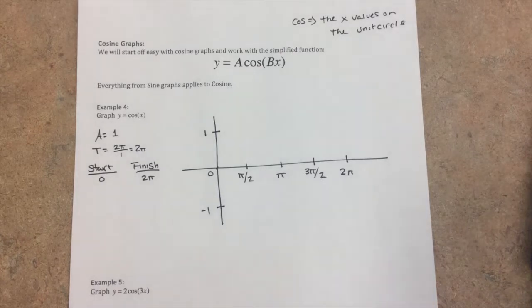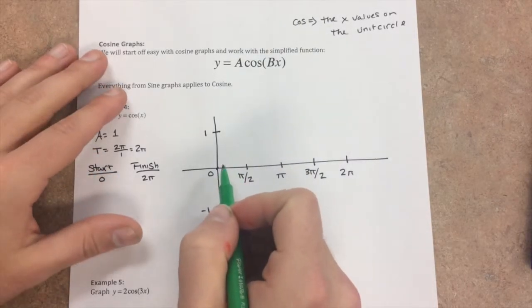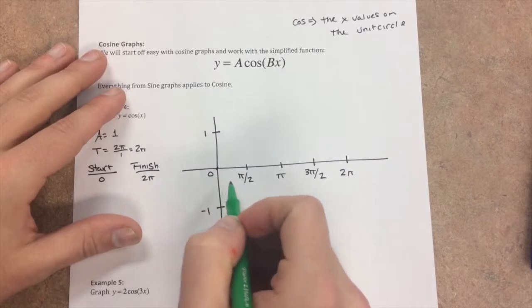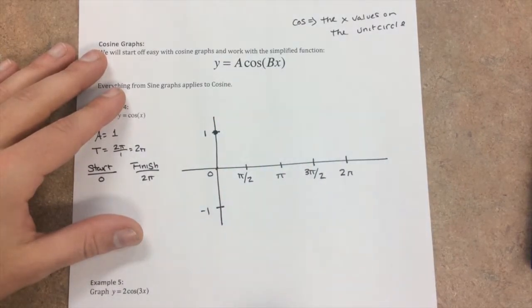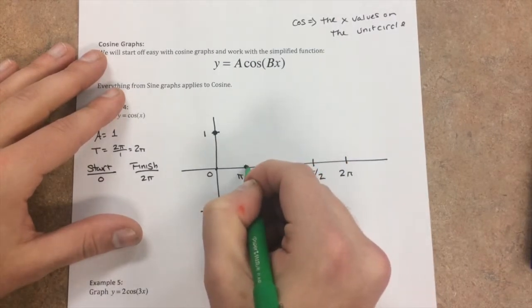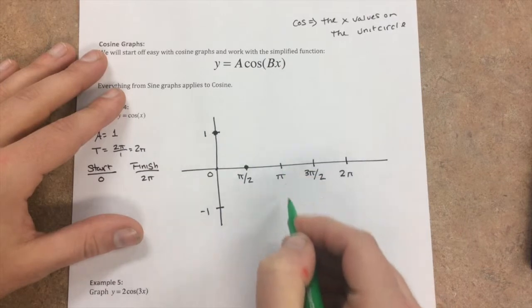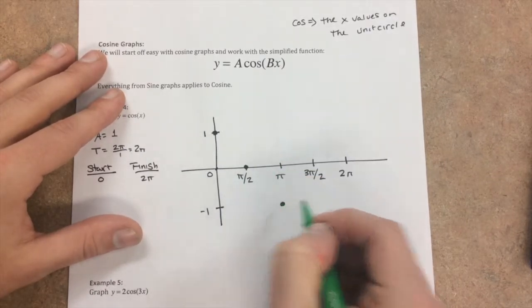All right. So in a different color, if we go to 0 on the unit circle and we look at the x value, the x value is 1. If we go to pi over 2, the x value is 0. At pi, we get -1.